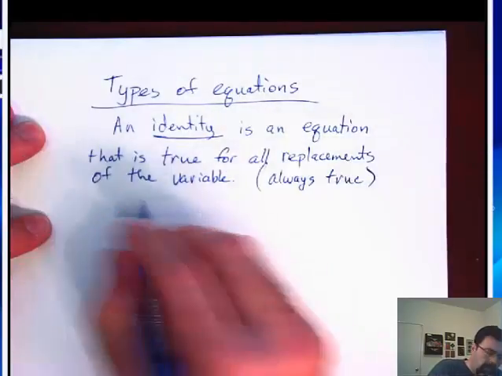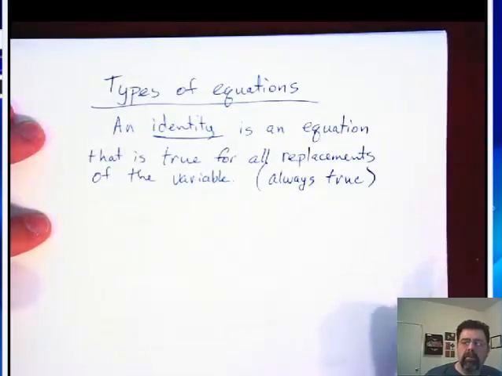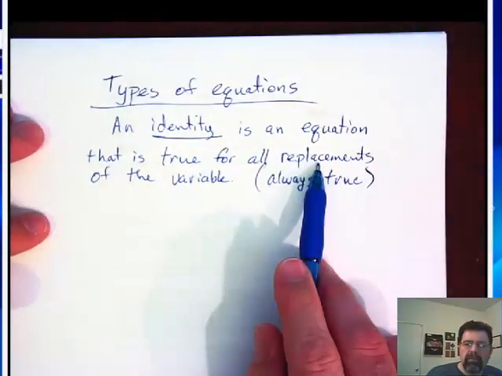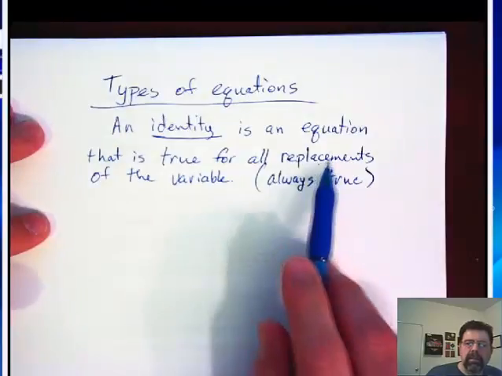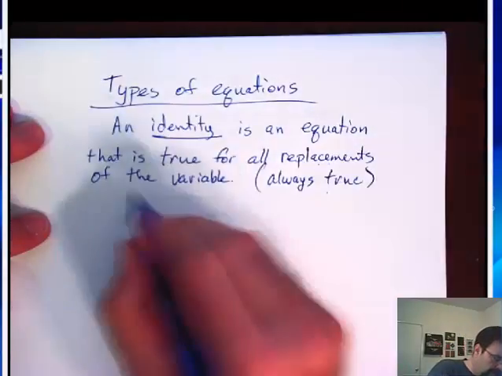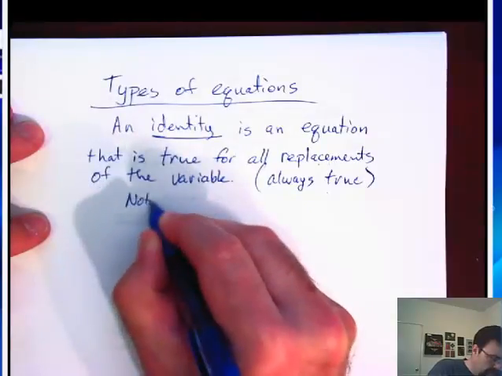So if it's always true, what's the solution set? Now remember, the solution set is any value that when you plug it in an equation, it makes it true. So if all the values that you put in for x, all the replacement values, make it a true statement because it's always true, what would the solution set be?